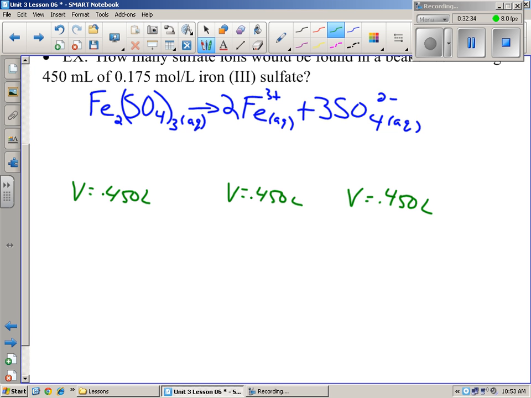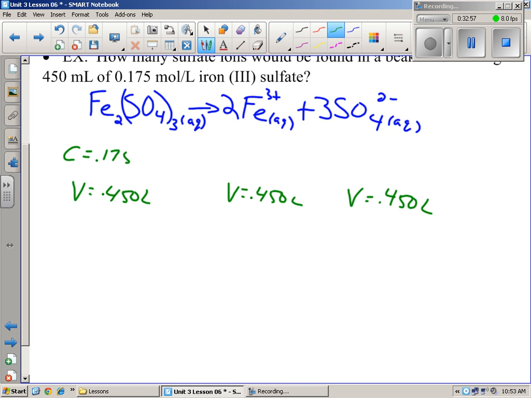So we all have this, right? Where do you want to put 0.175 molar iron 3 sulfate? Left, middle, or right? This is a little bit more important here. Where do you want to put the 0.175 moles per liter? Left, okay? Right here.